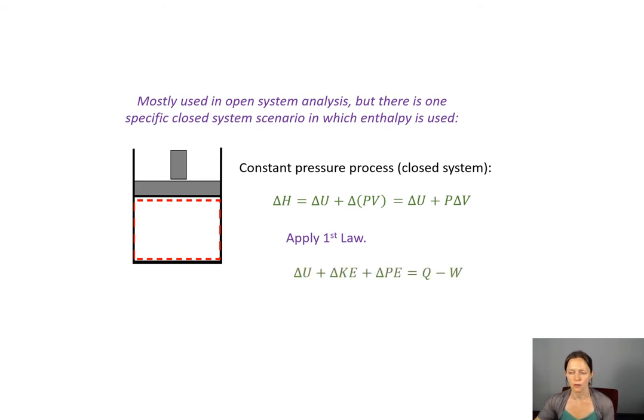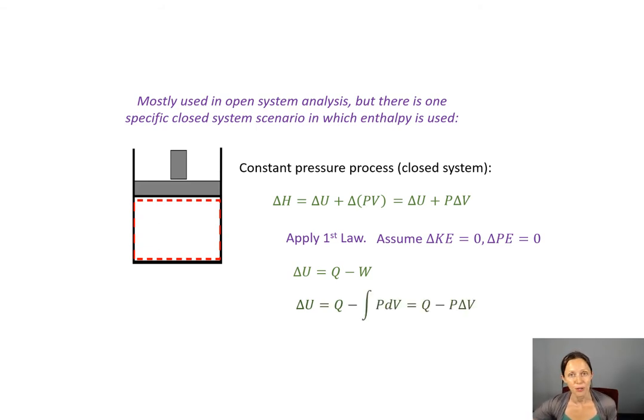So this is our first law for a closed system, and typically in our piston cylinder examples in this class, the piston cylinder is not moving around, and so kinetic and potential energy changes can be assumed to be negligible. So we've got delta U is equal to Q minus W, and the only work that I've got going on is due to expansion or compression.